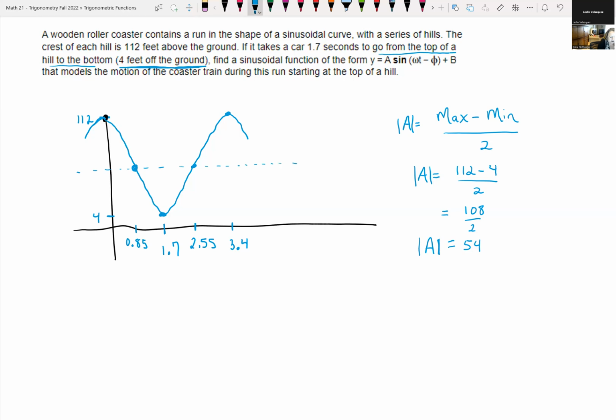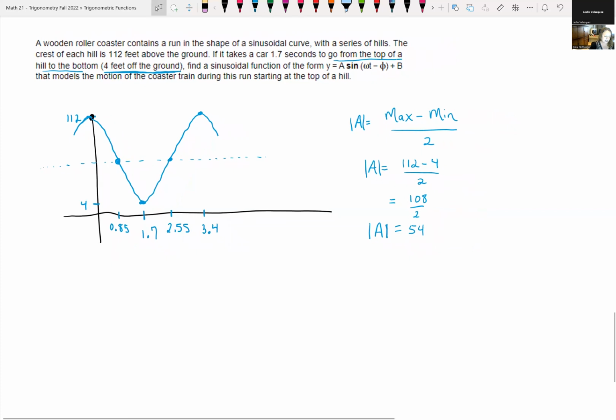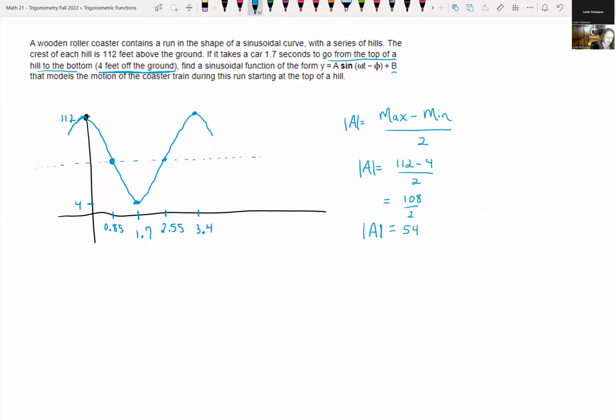We need to figure out how much we're shifting this up. We can figure out that midway line, that shift, which in this case they gave us as capital B. This is equal to the max, 112, plus the min, which is 4, and then divide this by 2.